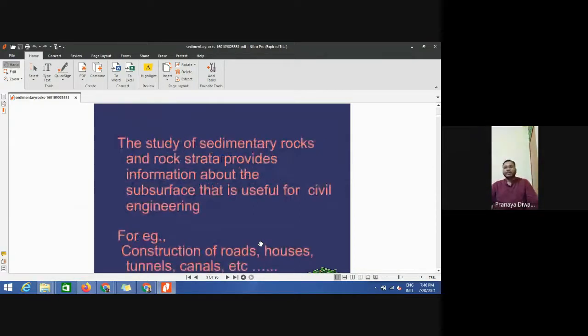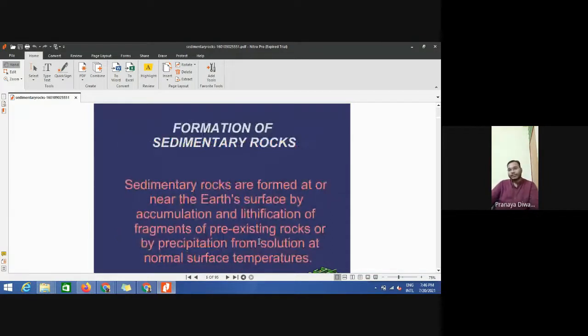The study of sedimentary rock and rock strata provides information about the subsurface that is useful for civil engineering. When you talk about civil engineering, it is nothing but construction. So the study of sedimentary rock and strata provides information about the subsurface, that is, what the subsurface lithology is all about.